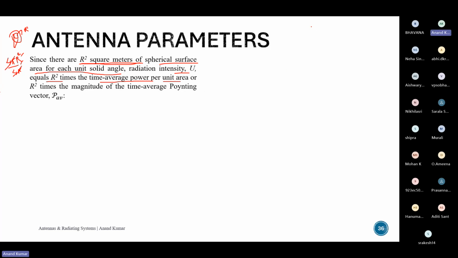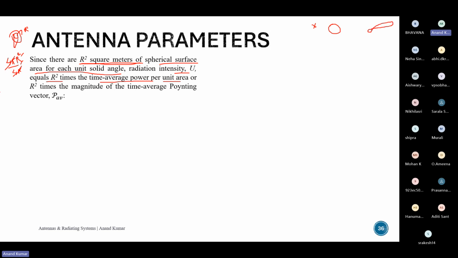The antenna can radiate some X amount of power. We're fixing that. So this X could be radiated in all directions, or what we can do is reduce the X in other directions and make it higher in one direction.